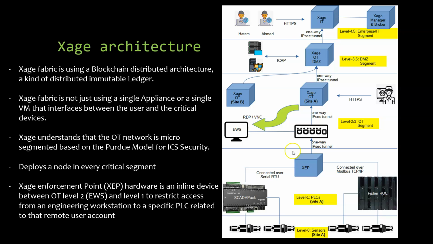If the ZEP is not there, since Hatem has the access to the engineering workstation, he would be able to access the SCADA back or the Fisher Rock. But the ZEP is providing an extra layer of enforcement to have a granular policy enforcement to just allow Hatem, for example, to access the SCADA but not the Fisher Rock. I hope this clears the value of the ZEP here as an extra layer of protection.